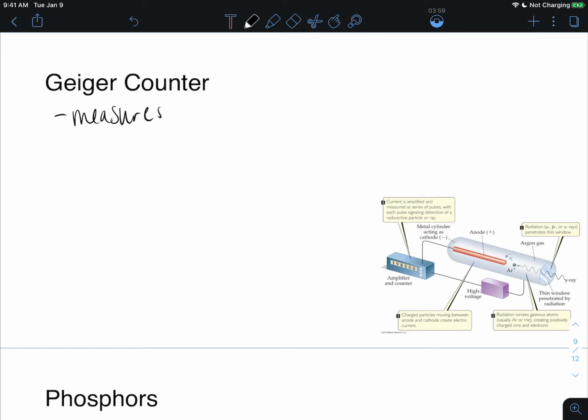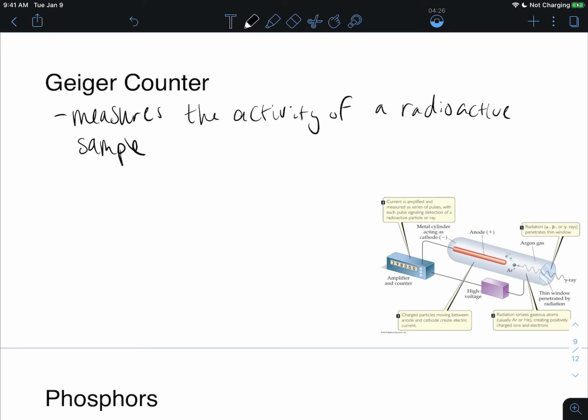And while the film badge is something that's long term, you're looking at exposure over a long period of time, the Geiger counter is something that's going to look at a lot of radioactivity at one time. So it's probably going to be exposed to a lot more radioactivity in a shorter window than the film badge will.